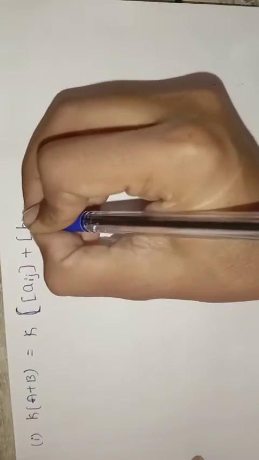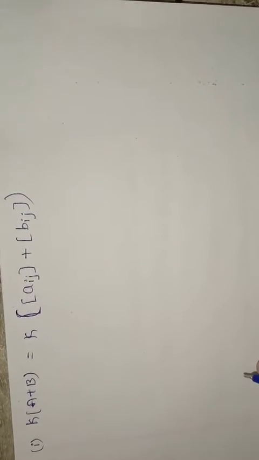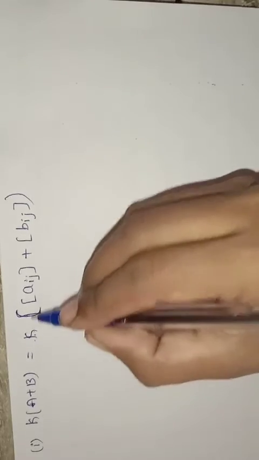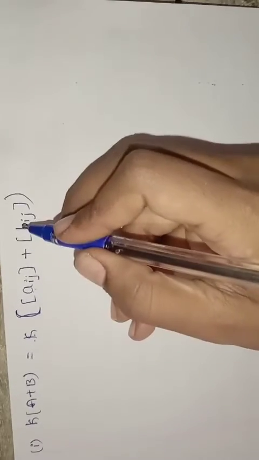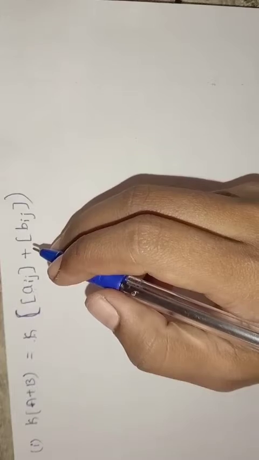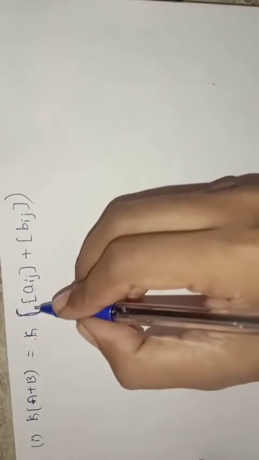See, first the proof for the first property, that is K into (A plus B). A is a matrix aij plus B is a matrix bij. Here you have to multiply this K to each matrix, matrix A as well as matrix B. So you will multiply K inside the matrix.